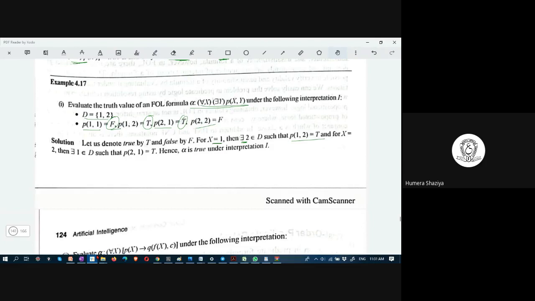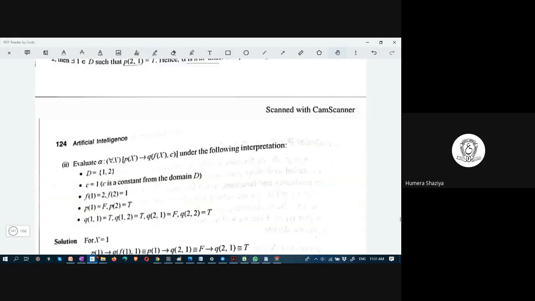Hence alpha is true under interpretation I. When x is 1, P of 1 comma 2 is true, and P of 2 comma 1 is also true. Therefore, it can be said that for the particular interpretation, it is true.